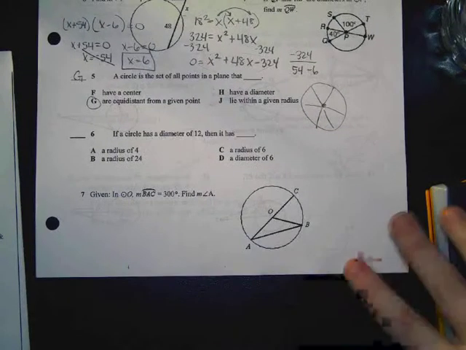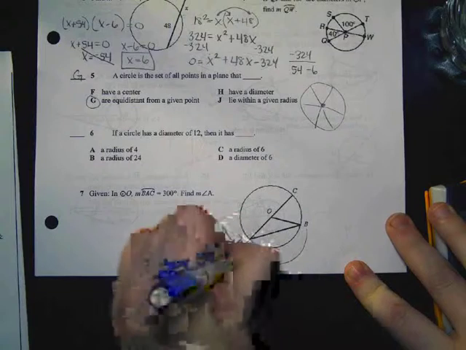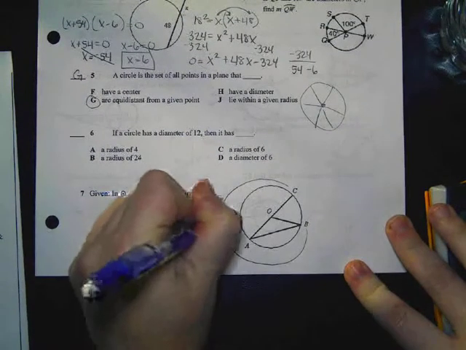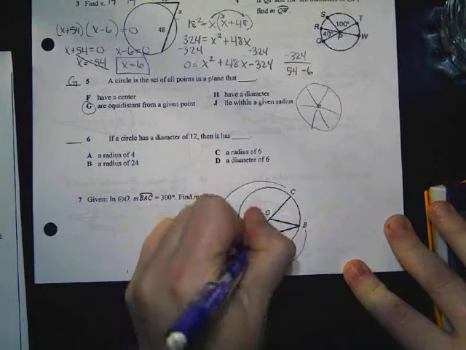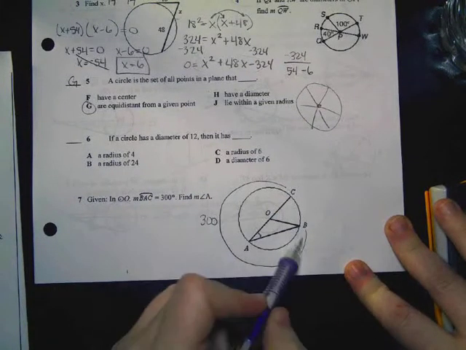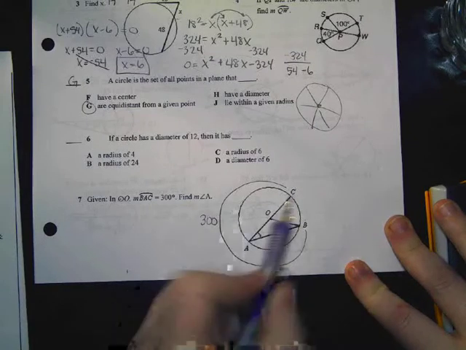Number 7, you have the arc BAC, which means from B passing A all the way to C is 300 degrees. And we want to find the measure of angle A, which is that little piece right there. If most of the circle is 300, I need to figure out what's left for C to B. Those should total 360.